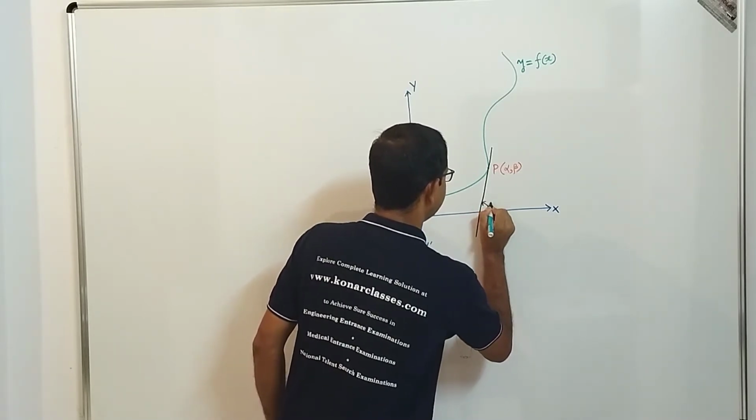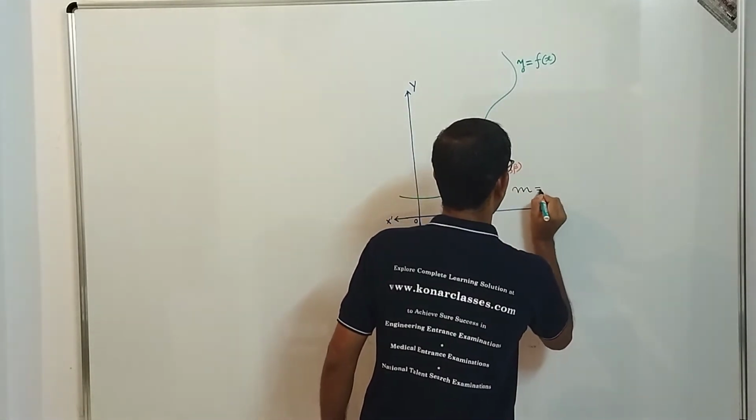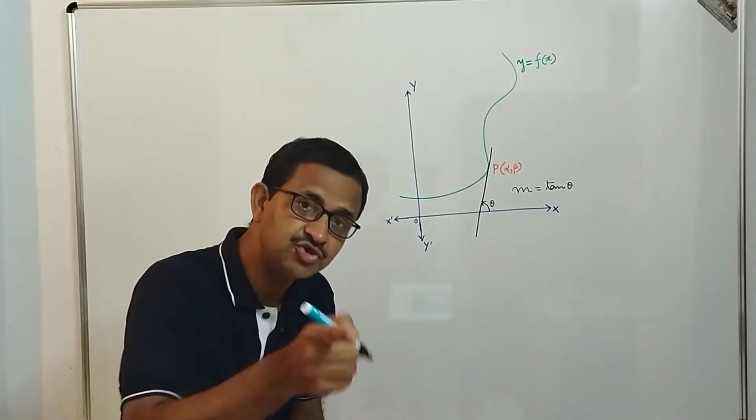If this angle is theta, then we define m, the slope, equal to tan theta. That we know from coordinate geometry.